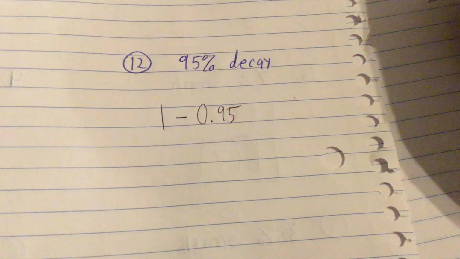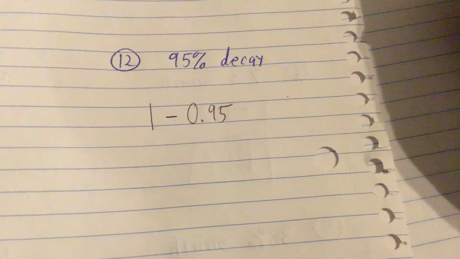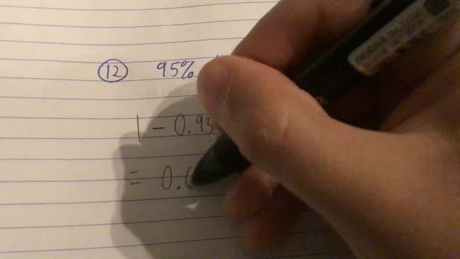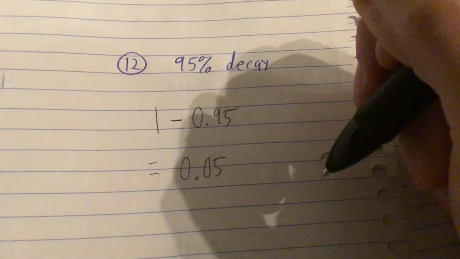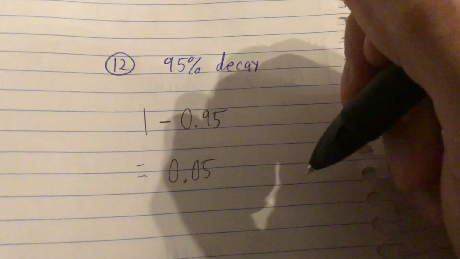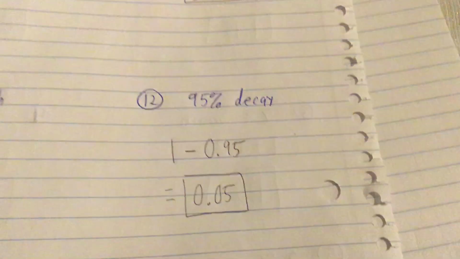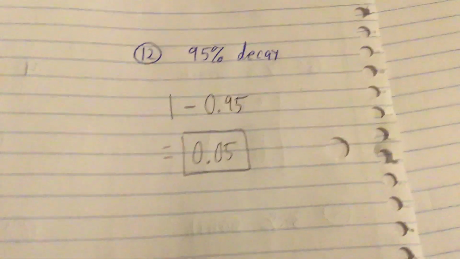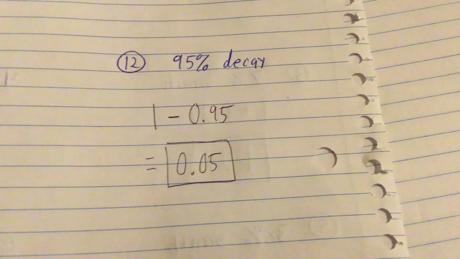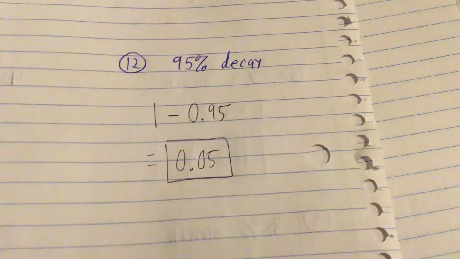If it's 95% off, what remains? Only 5% of its original value. So my scale factor for a 95% off coupon would be 0.05, because you only pay 5% of the original value.